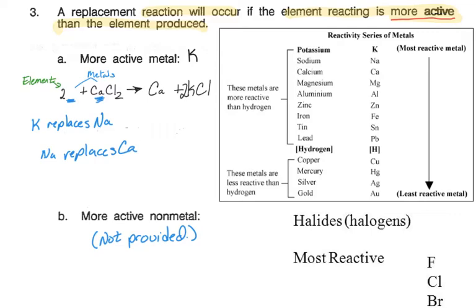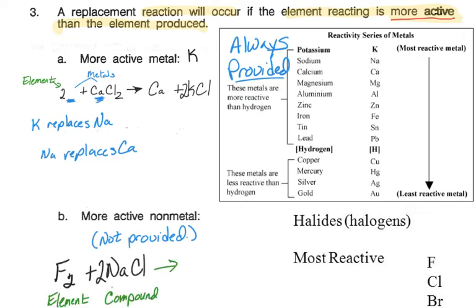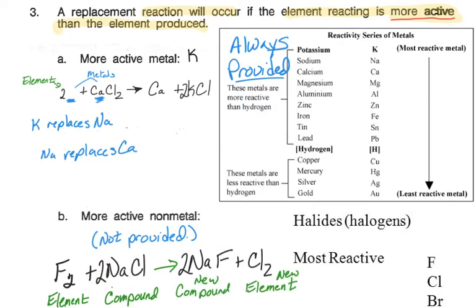The metal one, there's no way for you to recognize which one's going to be higher on the list than the other. But the halogens are pretty straightforward because it follows the periodic table. So in this case, if I have fluorine, the element, plus sodium chloride, I would end up with sodium fluoride plus chlorine, the element, because the fluorine replaces the chlorine.